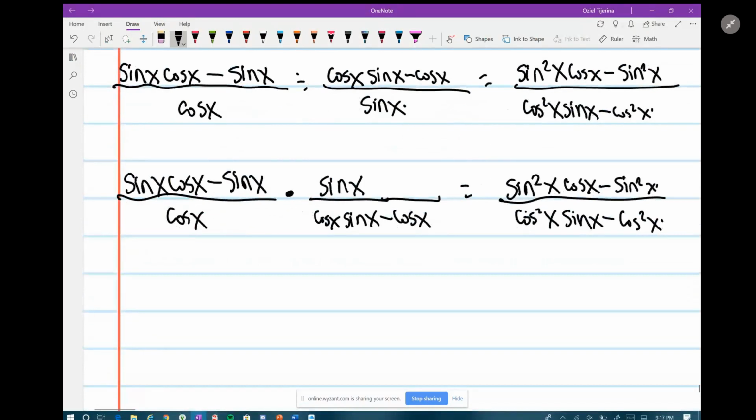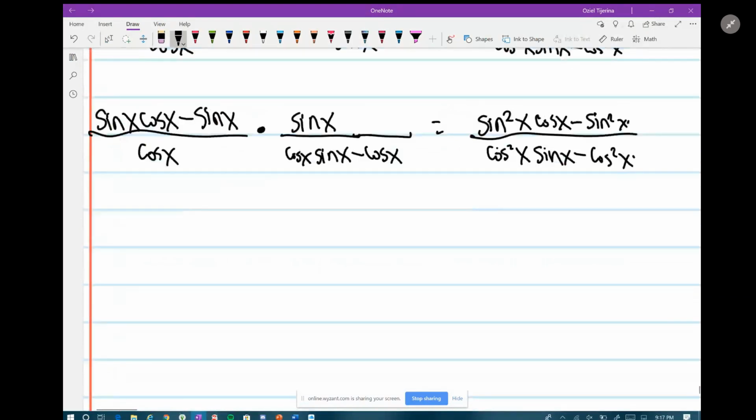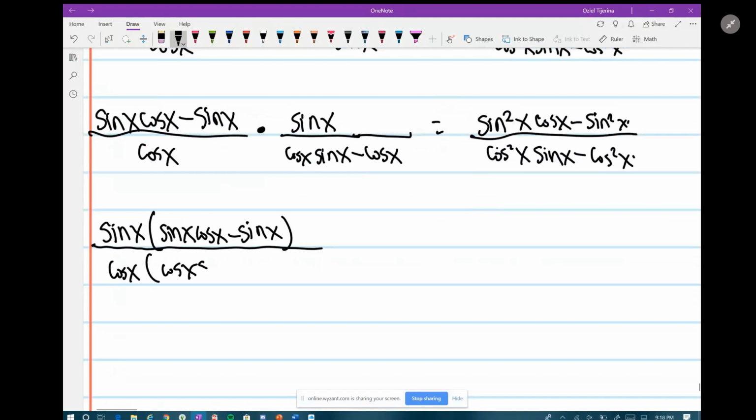Okay. So after you have that, you can go ahead and basically simplify. So you have sine of x times sine of x cosine of x minus sine of x, over cosine of x times cosine of x sine of x minus cosine of x.